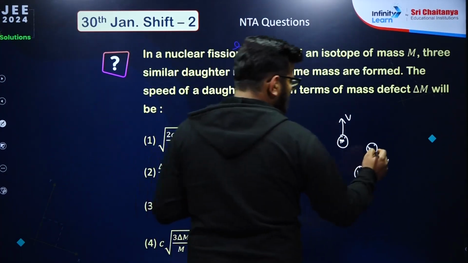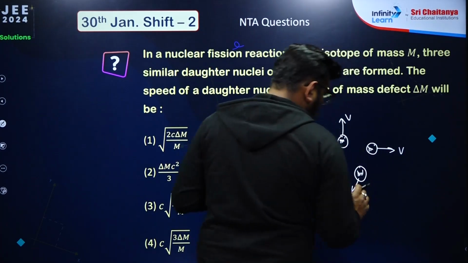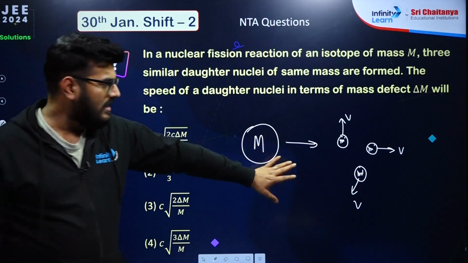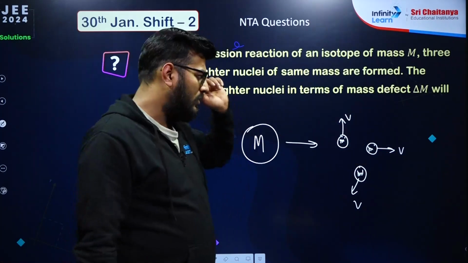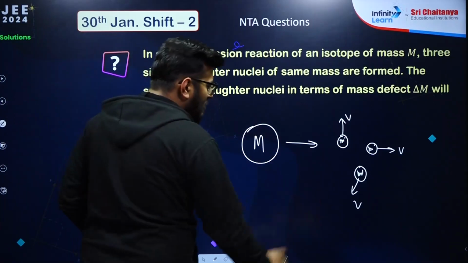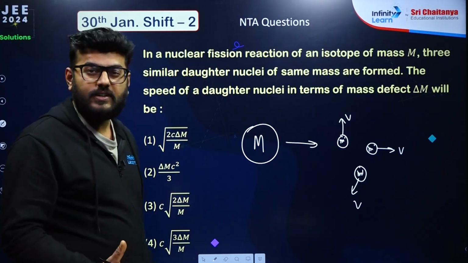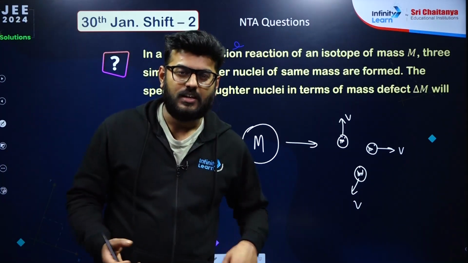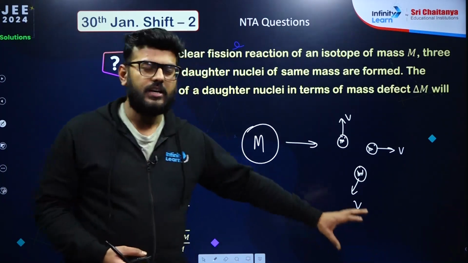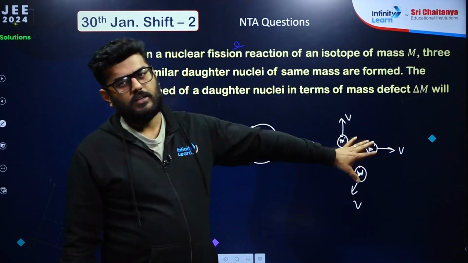The velocities will be in such a manner that they perfectly cancel and the net momentum is equal to 0. But we don't need to solve using that approach. The main concern over here is that since the nucleus is breaking, there is obviously going to be some mass defect. Some mass will get converted into energy. And whatever mass is getting converted into energy will be equal to the kinetic energies of the daughter nuclei.